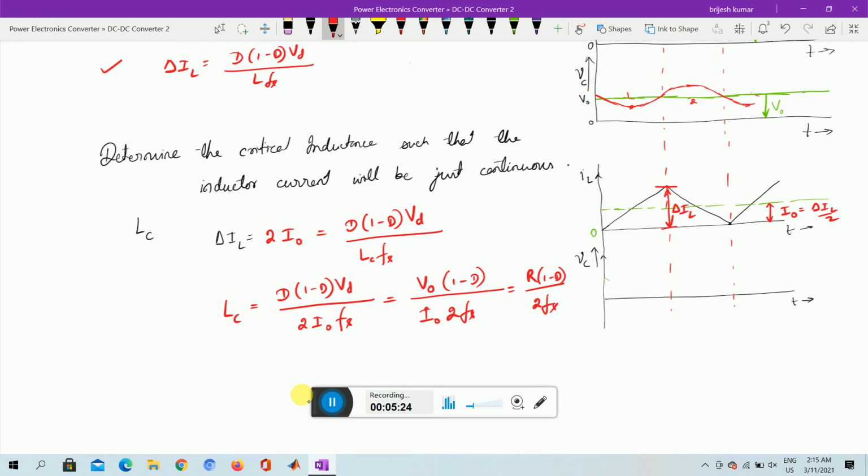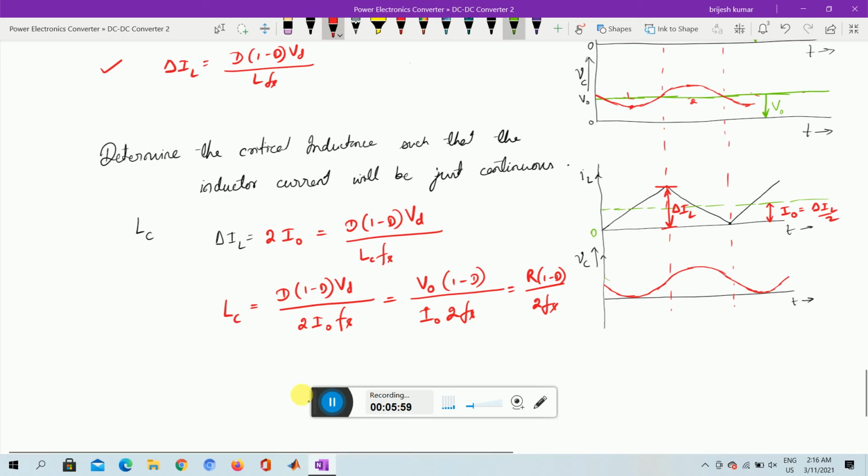and the switching frequency. Next, we need to find what would be the value of the capacitor such that the capacitor voltage, which has average value V0, will be just continuous. Just continuous in the sense that the capacitor voltage will have the same pattern, but it will be just continuous.